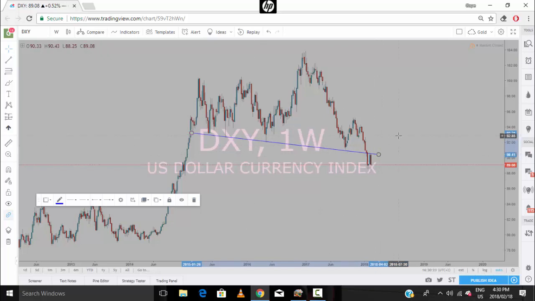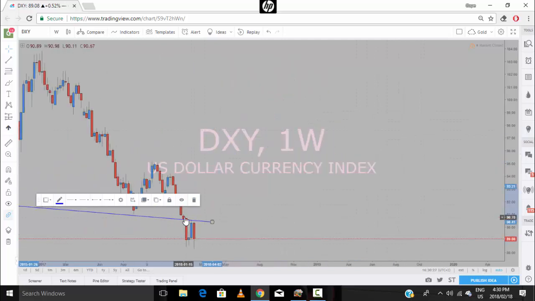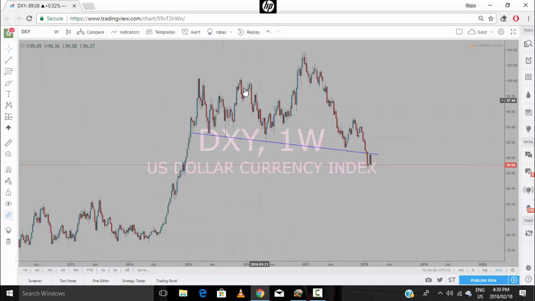That's what I was drawing. And when I said retest earlier, I basically meant the price retested that line. Now it's continuing to fall, right? So on the weekly, y'all can see we're falling down, right?